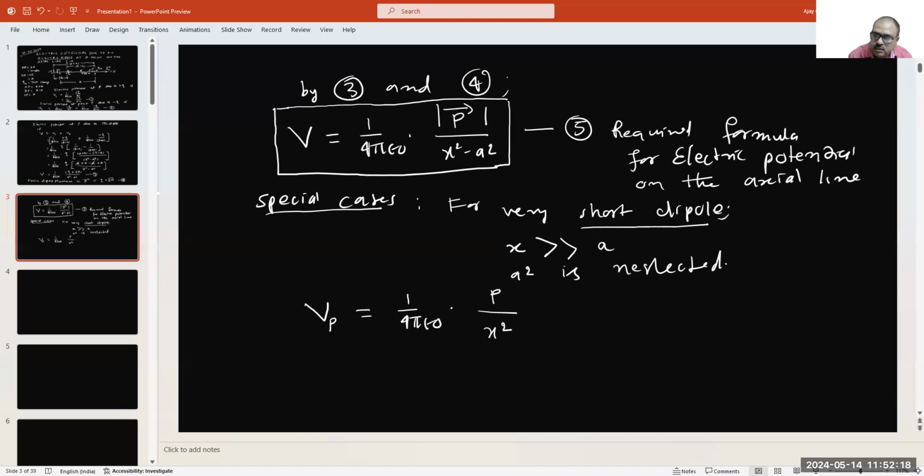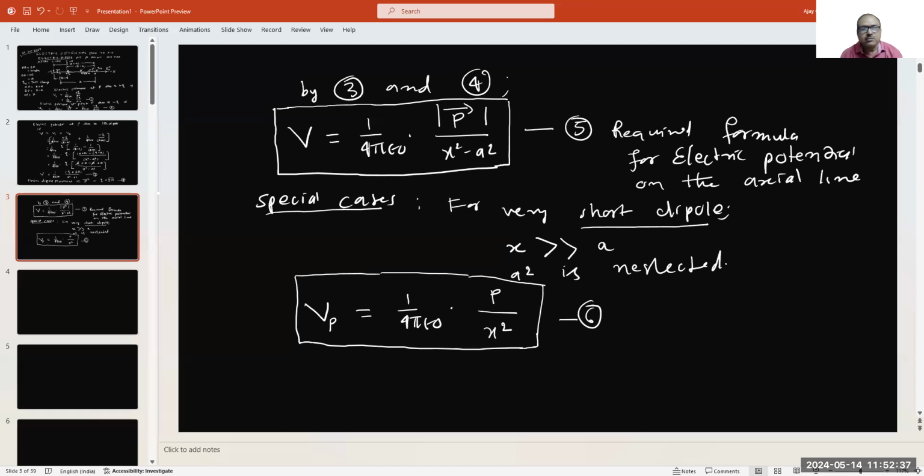A square is neglected. So, if short dipole is mentioned anywhere in the discussion of the electric dipole and finding the potential, we can easily write P by x square, and we write the equation as 6. So this is the discussion of how to calculate the electric potential.